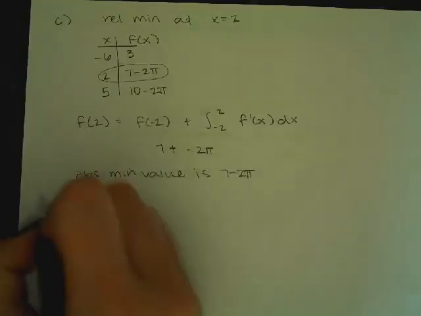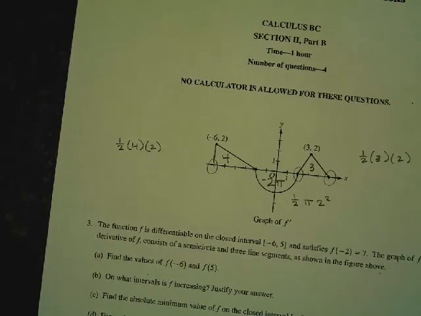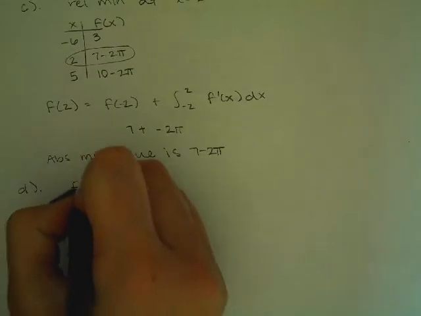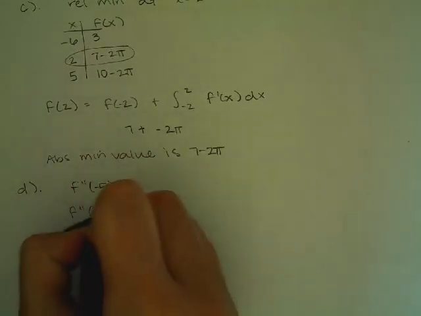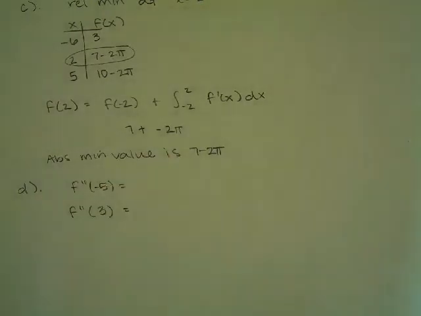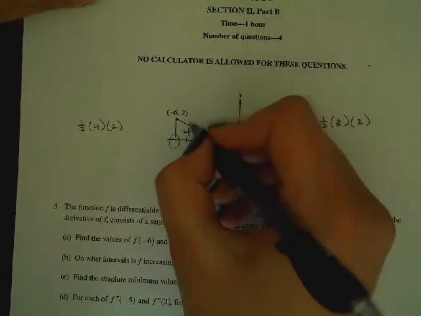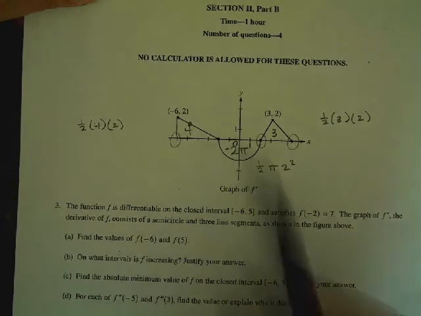All right. Part D says to find f double prime of -5 and f double prime of 3. Okay, so for f double prime of -5, I look at the graph where -5 is, which is right here, and I just need to find the slope of the derivative.